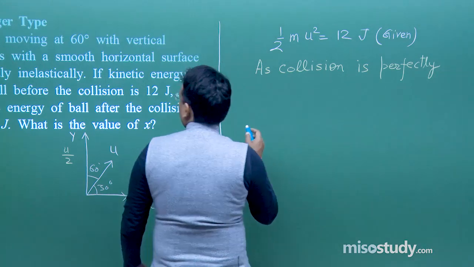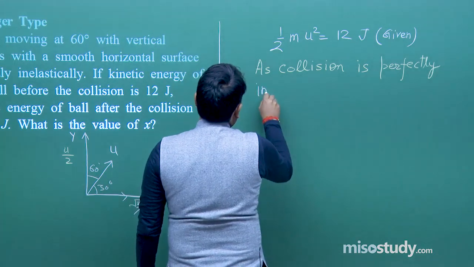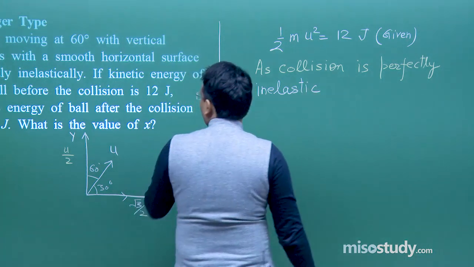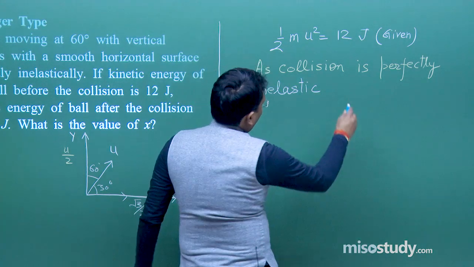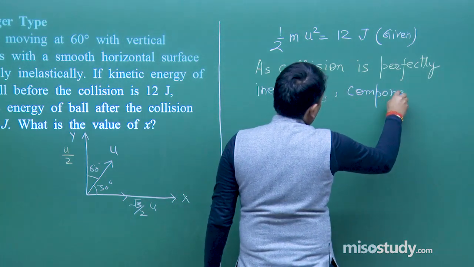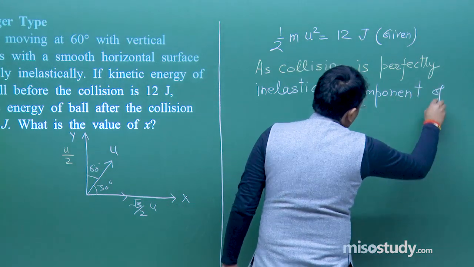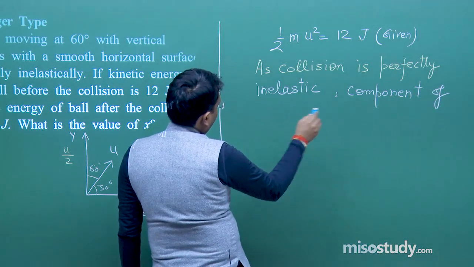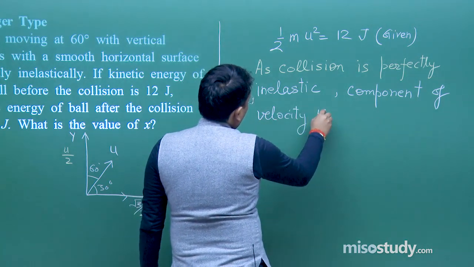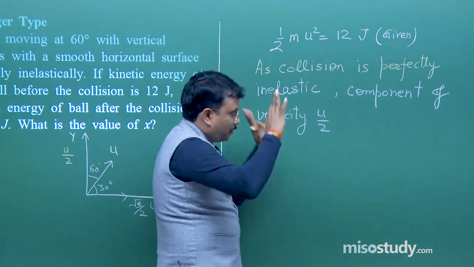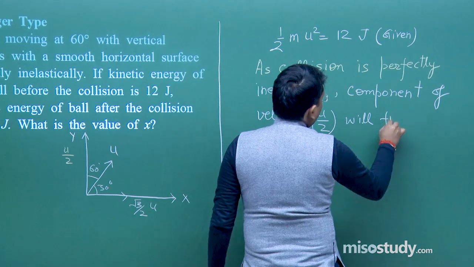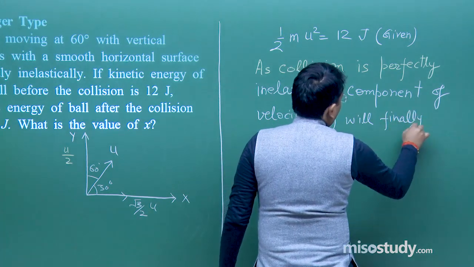As the collision is perfectly inelastic, therefore the component of velocity u by 2 will finally be 0.